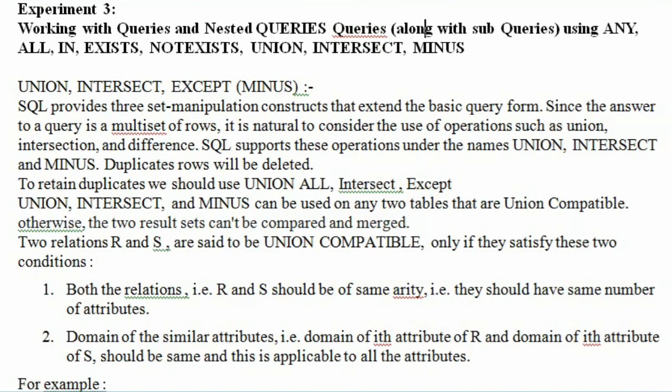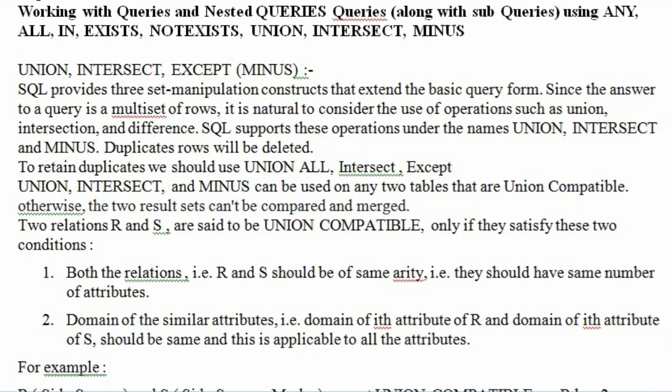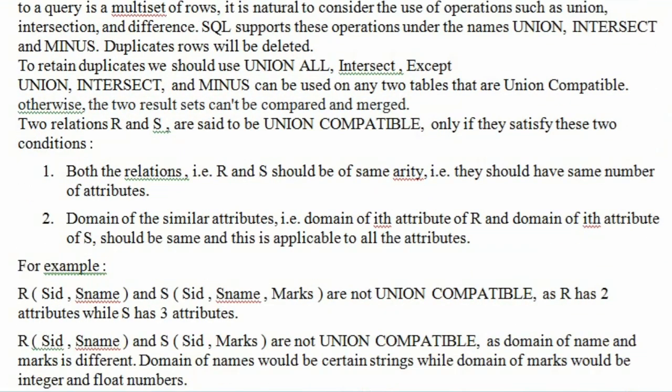So what is meant by union compatible? Two relations R and S are said to be union compatible if two conditions are satisfied. What is the first condition? Both the tables should have the same arity. What is arity? Arity is the number of attributes.